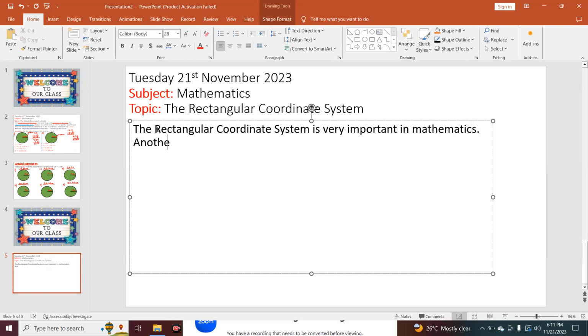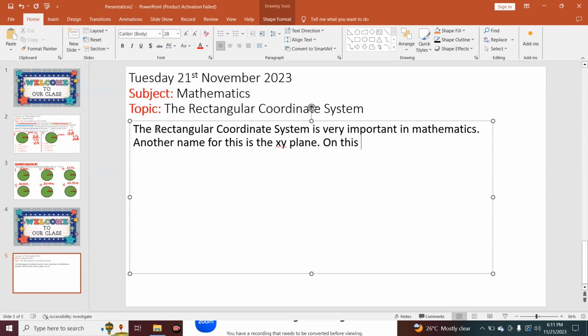Another name for this is the XY plane. So we call the rectangular coordinate system the XY plane.